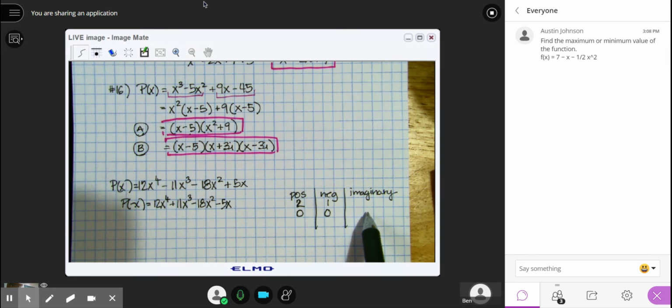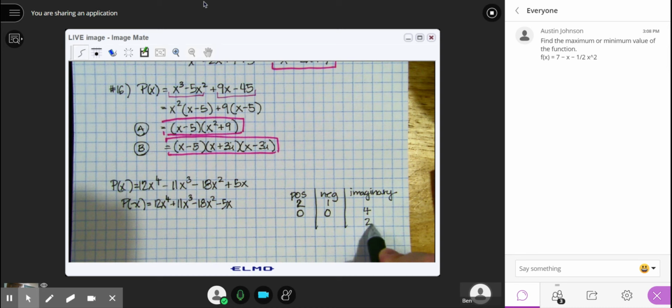Imaginary solutions have to come in pairs, just like the 3i and the minus 3i. So I can't have one imaginary solution. I could have 0, 2, or 4. So my imaginary solutions could be 4, 2, or 0, depending upon the combination.